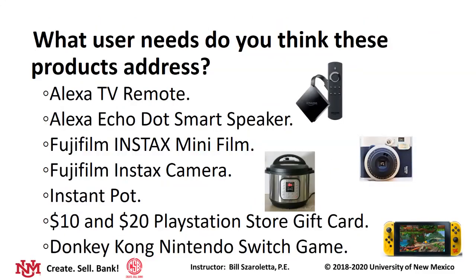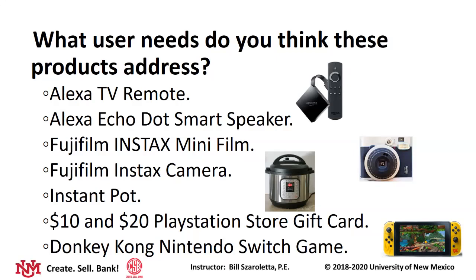So here's some of the top sellers on Amazon. The Alexa TV remote, the Echo Dot, the smart speaker for it. Fujifilm has both the Instax mini film and the Instax camera. Instant Pot, $10 and $20 PlayStation Store gift cards, and the Donkey Kong Nintendo Switch game.